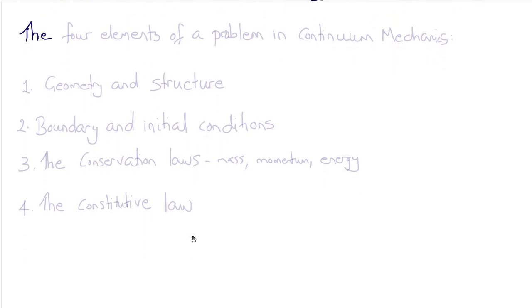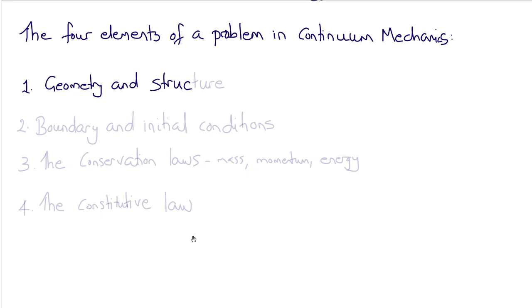Now that we know the governing equations of continuum mechanics, namely the conservation law and the constitutive law, we can actually outline all four elements of a problem in continuum mechanics, the four things you need in order to get an answer. First, you need the geometry and some information about the structure of the body of interest.